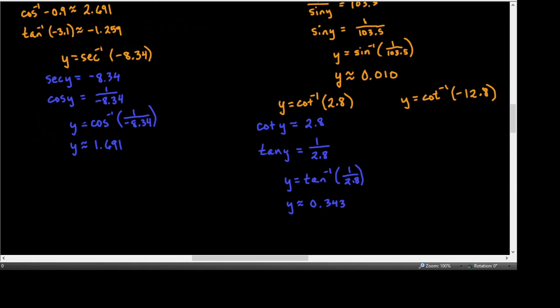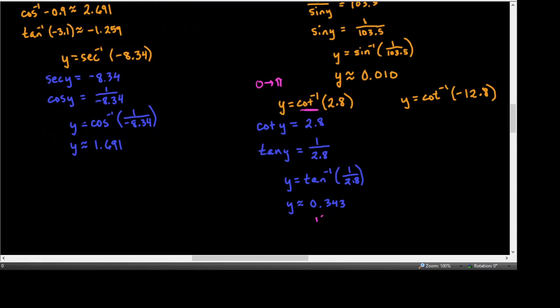Keep in mind, the original function of this problem was cotangent inverse. And cotangent inverse has a range of 0 to pi, right? From 0 to pi, not including either one. You can't be 0, can't be pi. Is 0.343 a number between 0 and pi? Yes. So, yay, that one's good.